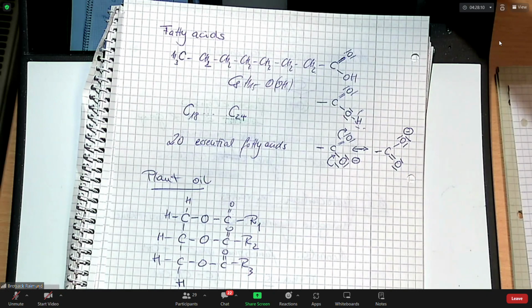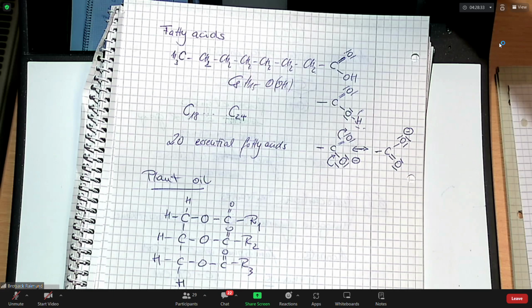When you take that away and put an H, then there are 3 functional alcohol groups, the glycerine. And when we add the fatty acids, this one here, that's the rest. I say rest 1, 2, 3, it can be different.